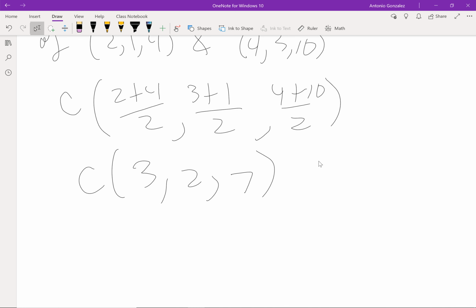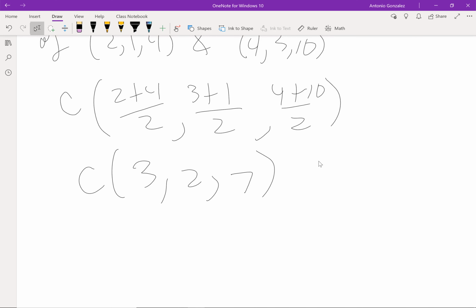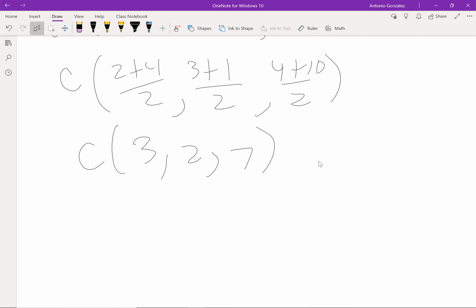I can think of the vector from P to Q and then find the magnitude of that, and then take half of it since it is a diameter, or I can just think of the vector from P to C, or Q to C if you want, and find the magnitude of that.